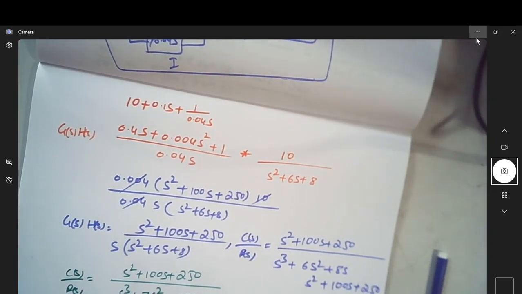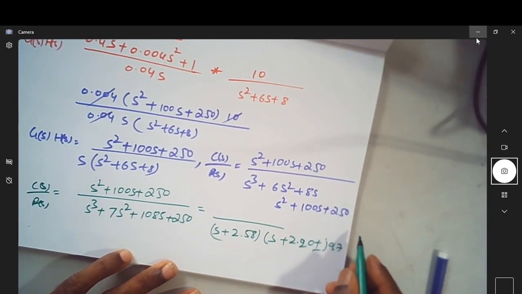This is my transfer function. So I found the roots of this denominator. They happen to be s plus 2.58 and s plus 2.20 plus or minus j 9.57.